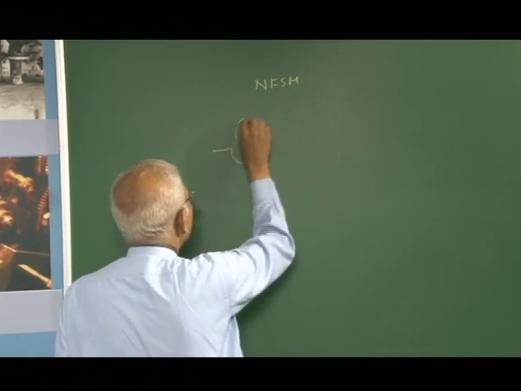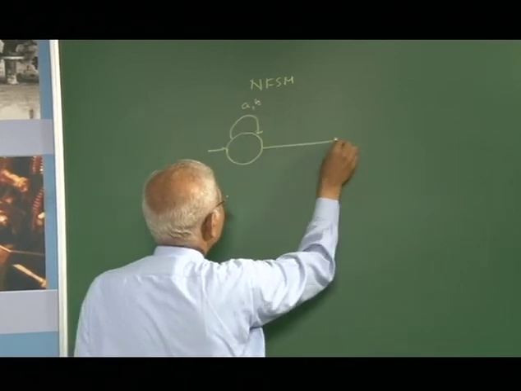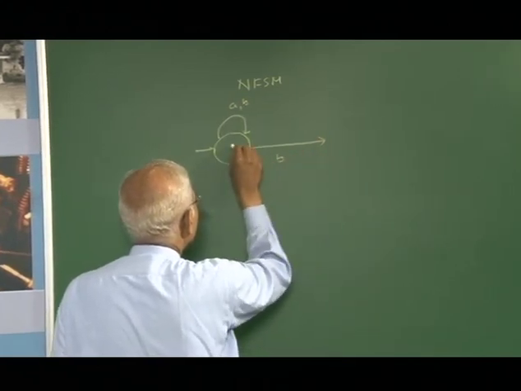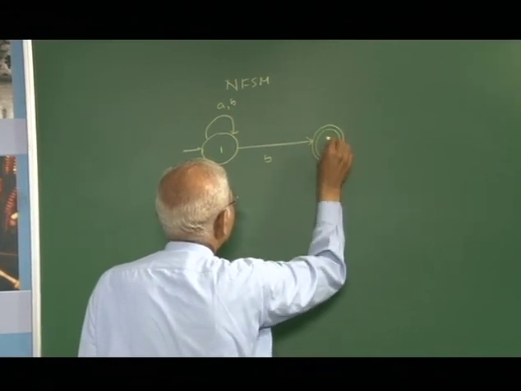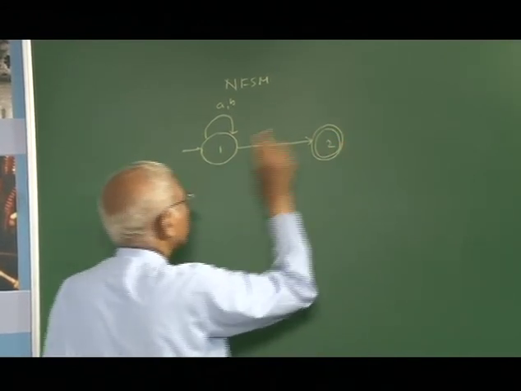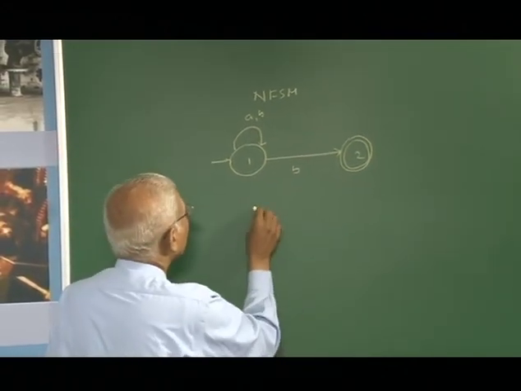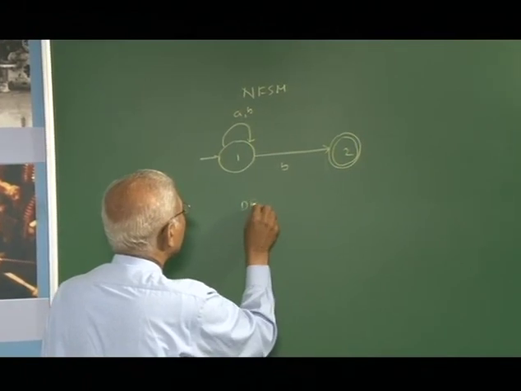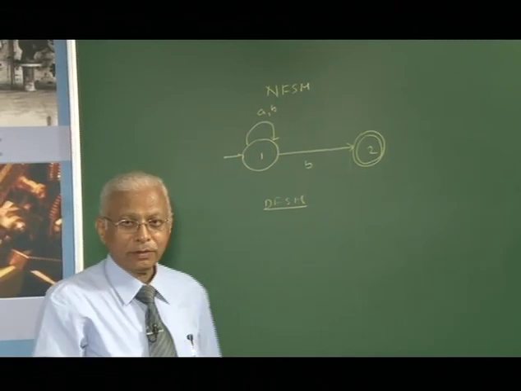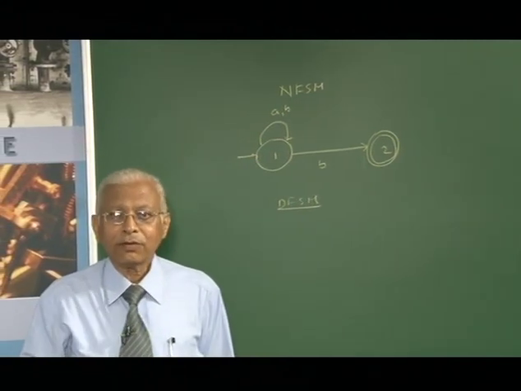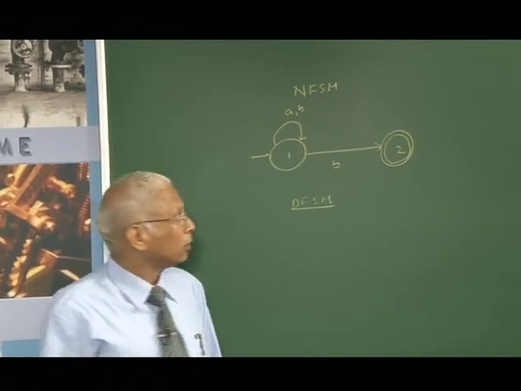Start state, there is a transition on a, b, and a transition on b. This is state 1, and this is state 2, which is a final state, and there are no transitions here. Our aim is to calculate the equivalent deterministic finite state machine, which should do the same thing, which should accept the set of all strings ending in b. So, how to go about it?